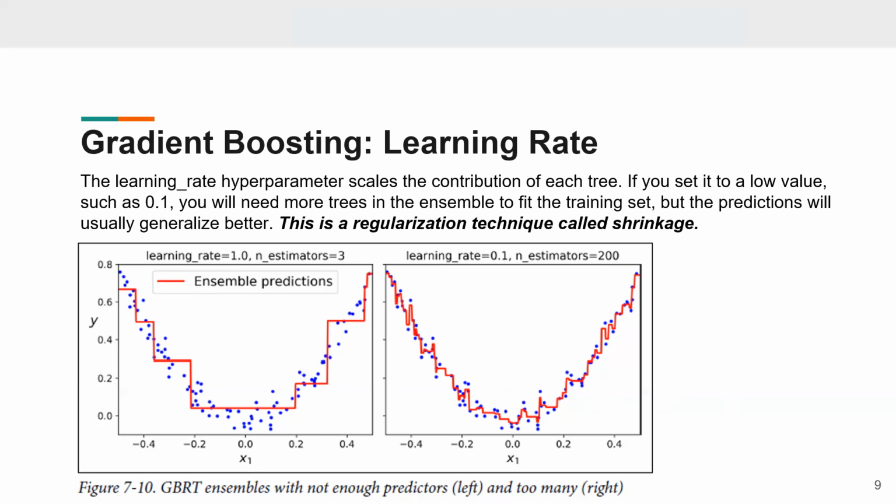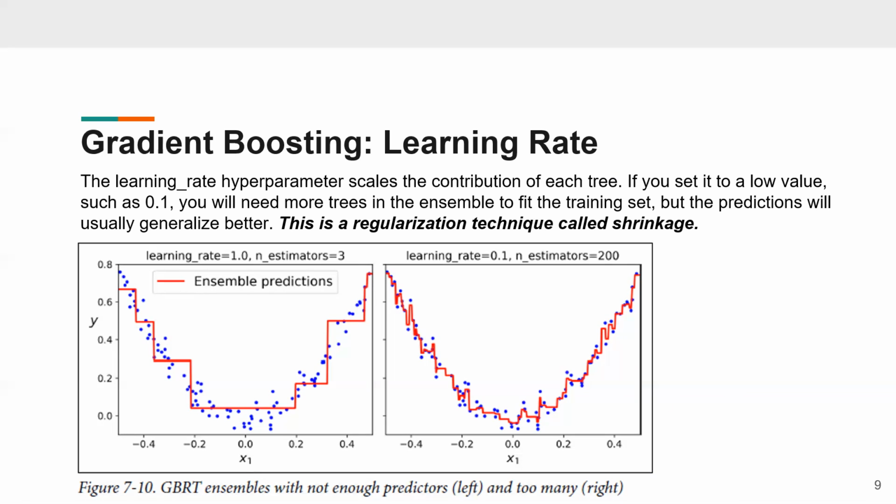You have a high learning rate, and you only have 3 trees that can help you. On the right-hand side, you have a learning rate of 0.1, but it has 200 trees. Apparently, in this example, it's actually too many.